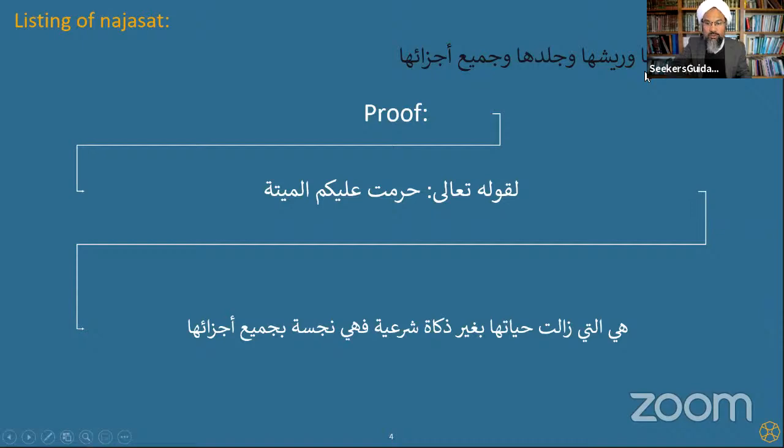So the first thing we're going to be looking at in terms of our continuation of that list would be the following. وَالْمَيْتَةُ وَشَعْرُهَا وَرِيشُهَا وَجِلْدُهَا وَجَمِيعُ أَجْزَائِهَا. The author says, وَالْمَيْتَةُ, and the word maita, clearly the root letters are either mim ya ta or mim waw ta, maut, referring to death. وَالْمَيْتَةُ refers to a dead animal, what we refer to in English as carrion. A person discovers a dead animal along the roadside.